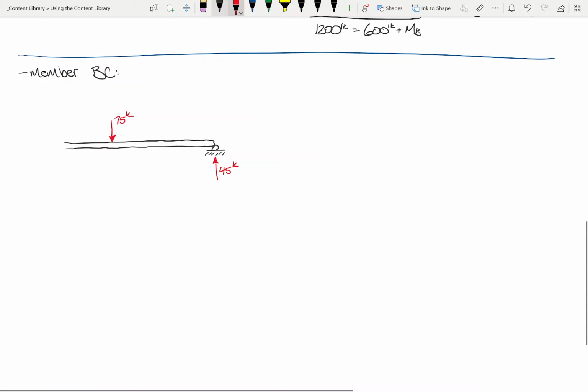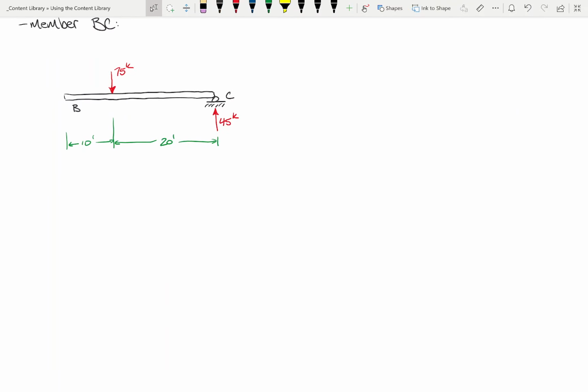That's 75 kips, and that's where we cut the section. That's 20 feet. That's 10 feet. This is point C. This is point B. So let's see what's going on. Let's do the same thing.